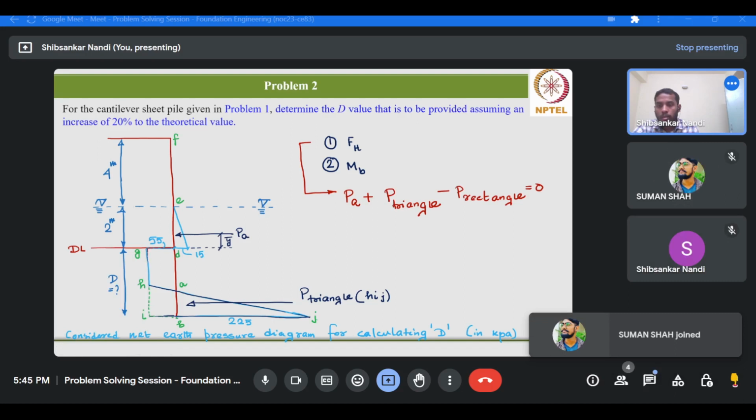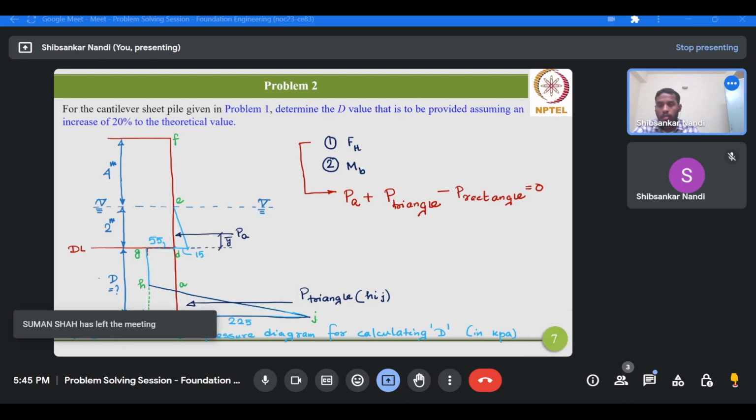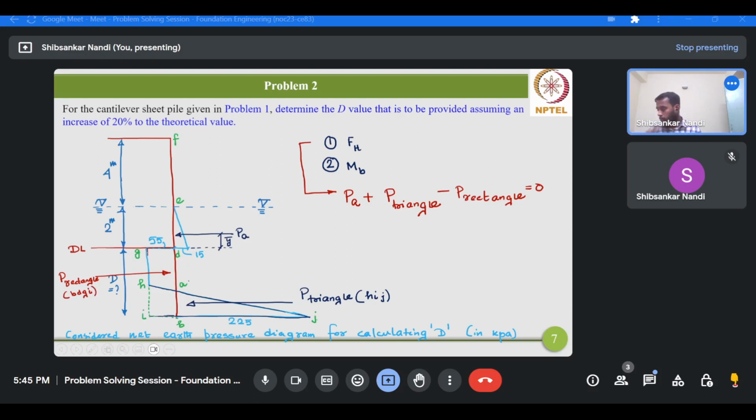So this rectangular distribution, okay, we have considered P rectangle, and the rectangle here is BDGI. So we have basically considered this region.